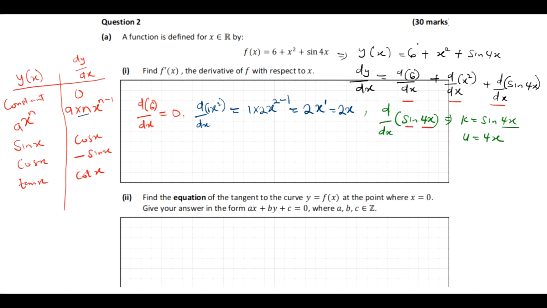So now, if that be the case, K will turn to sine U, because I've changed 4x to U. So now what I'm going to do is differentiate K with respect to U. So I'm going to have dK by dU, which is the same thing as the differential of sine U with respect to U. Like we're having sine x, which is cos x.